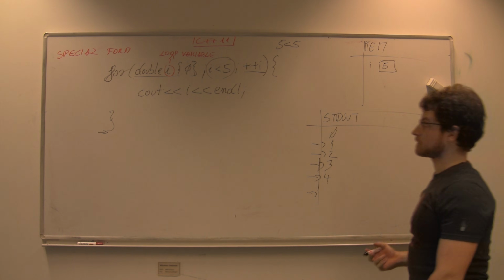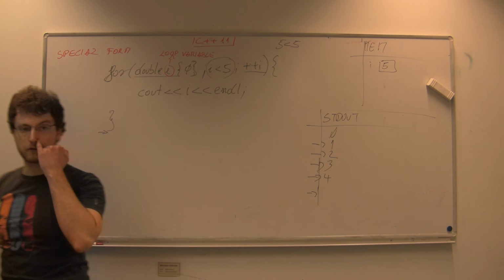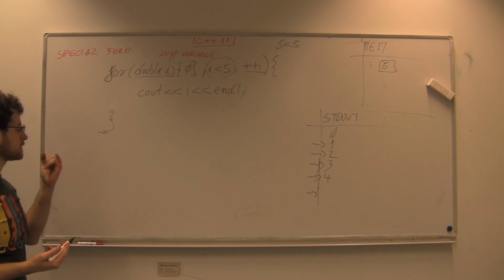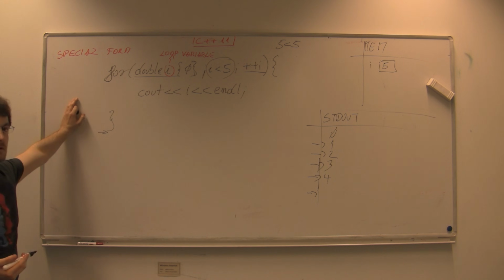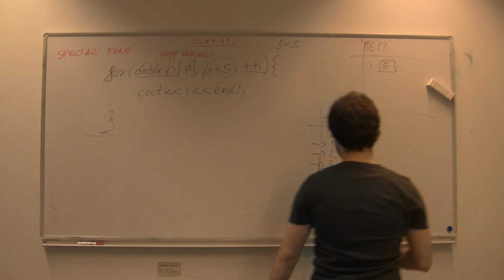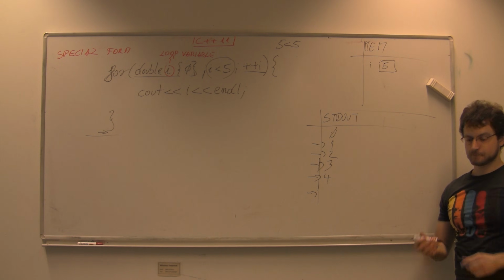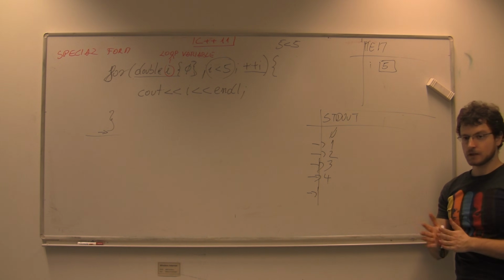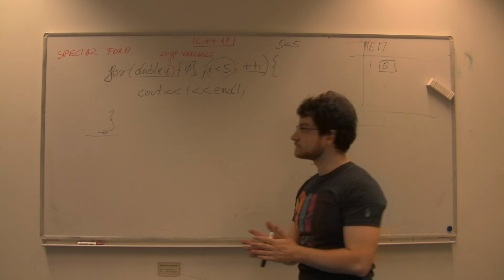And we check the loop condition. 5 is not less than 5. So the execution of this loop is terminated. And the result is exactly what we wanted: the first 5 natural numbers in ascending order.